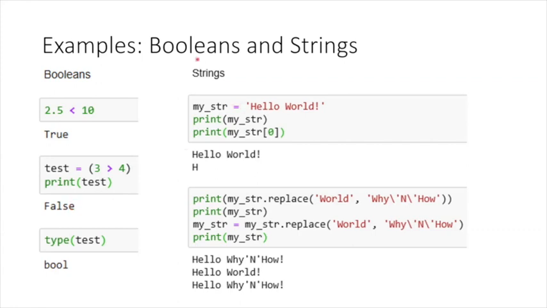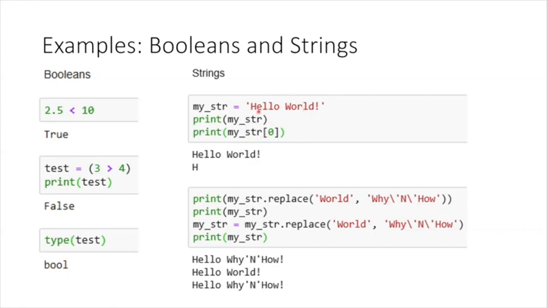And so on. Strings are the final type that we'll cover. They're instantiated with either single apostrophes or double apostrophes. In Python, I don't believe it matters which you use. I think most people use single apostrophes just out of habit.